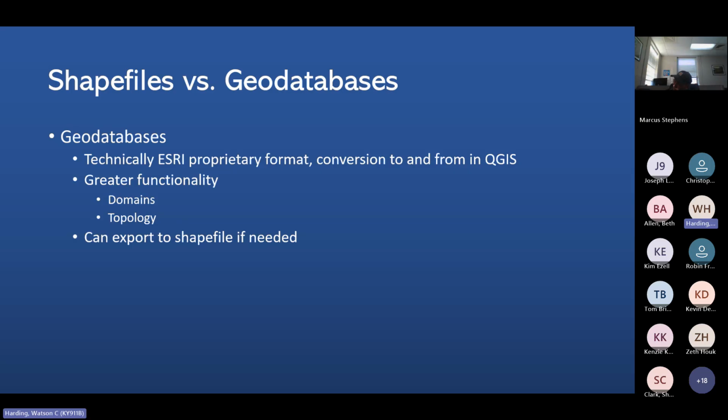Technically, it's a proprietary format from Esri, but there are conversion tools to and from QGIS to make them editable in that software product. And there's greater functionality that you can take advantage of with geodatabases. The two main ones are domains, being able to have a limited list of values for a field.